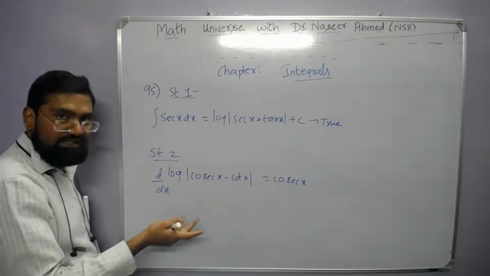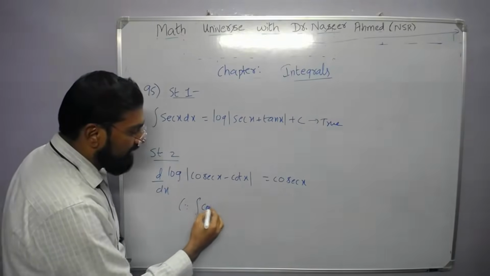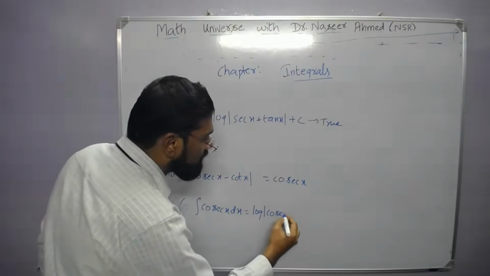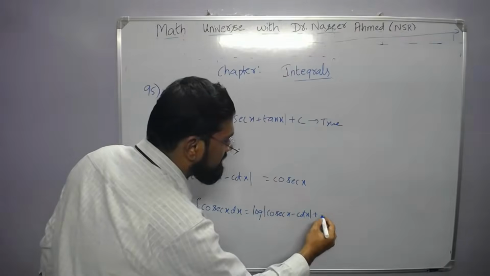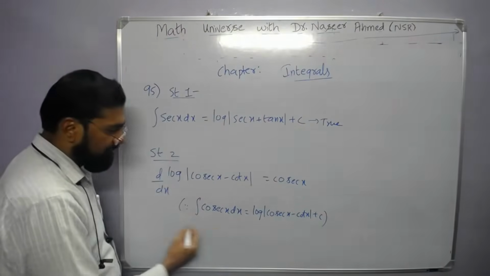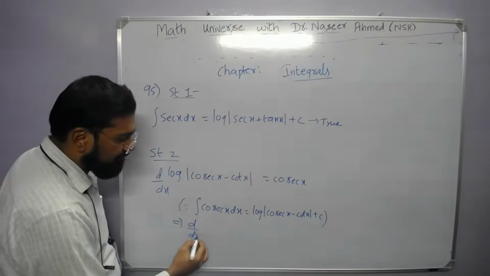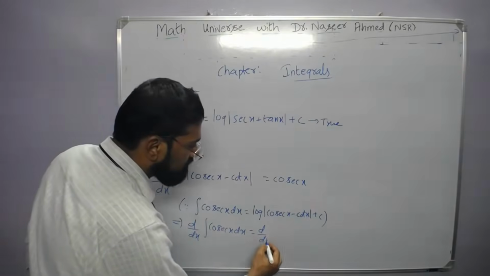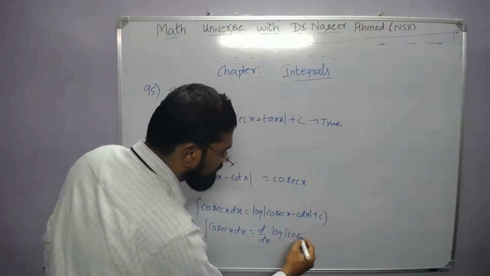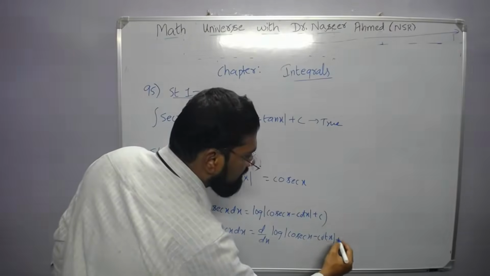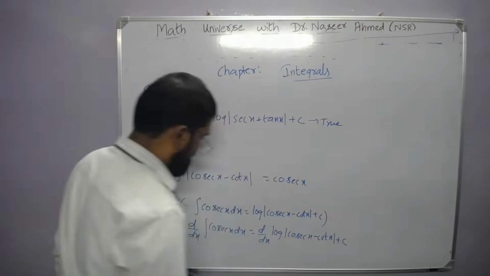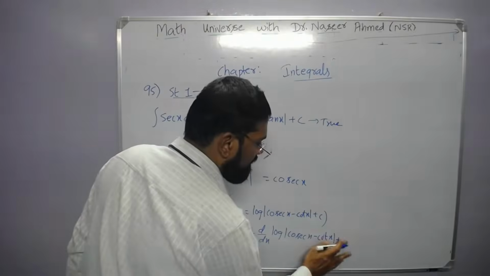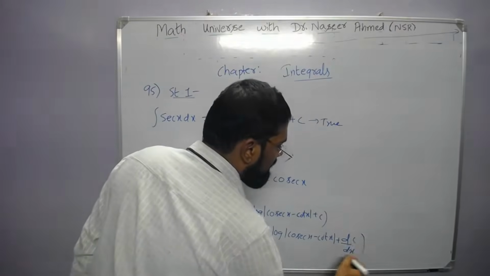So without differentiating, we can say, since we know that integration of cosecant x with respect to x is log of mod cosecant x minus cot x plus c, this also implies that if I differentiate on both sides, see the power of concept. Without finding the derivative, we can comment. The derivative of c will be 0.